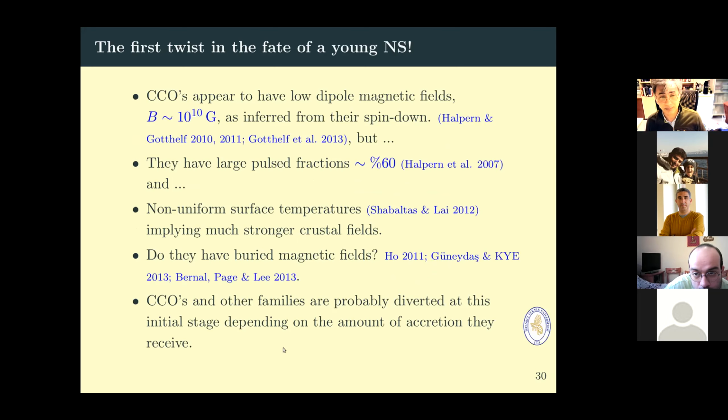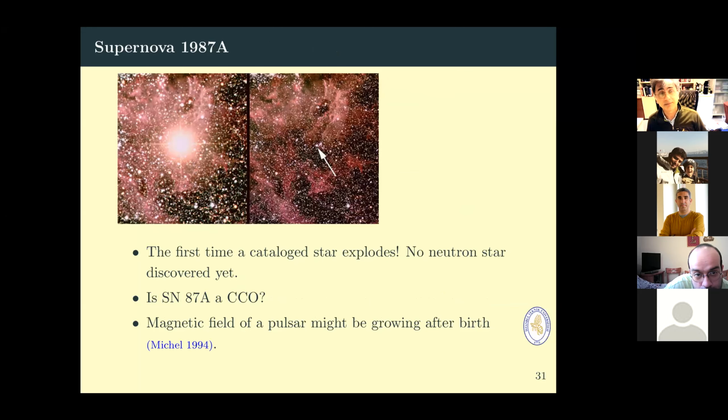This is being explored, and the amount of matter accreting could be one parameter that is making the diversity in the neutron star family. And here is a pertaining question: is the putative neutron star that formed in supernova 1987A a central compact object?